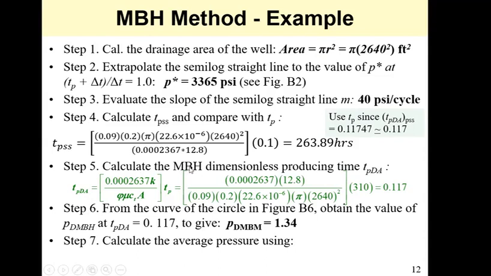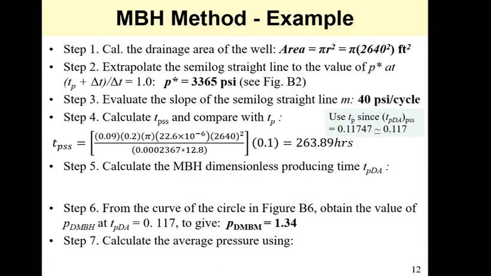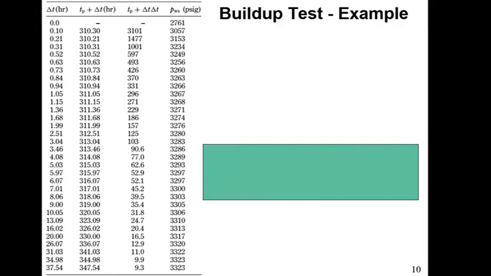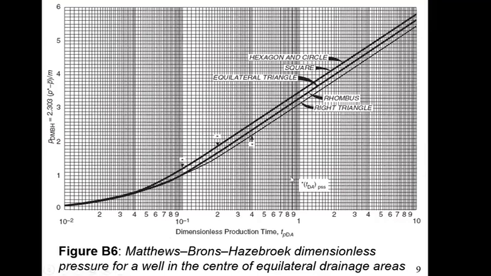So the MBH dimensionless producing time, tpDA, is obtained with this. Using this to obtain your tpDA, that's the dimensionless producing time, this value is now used to enter into figure B6, and I think I'd flag that it's here.